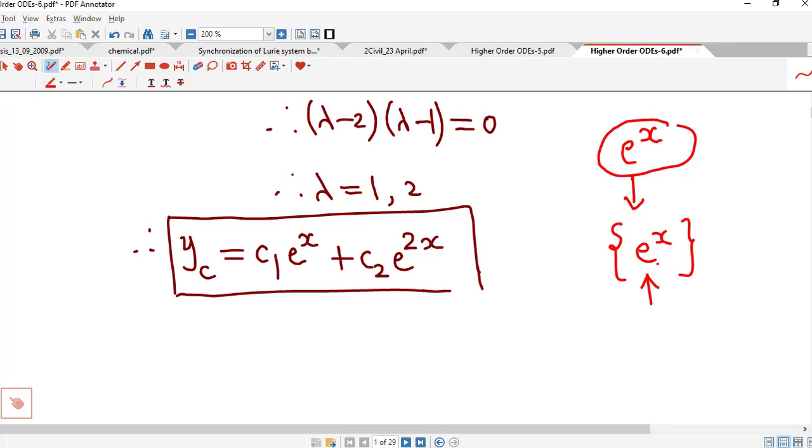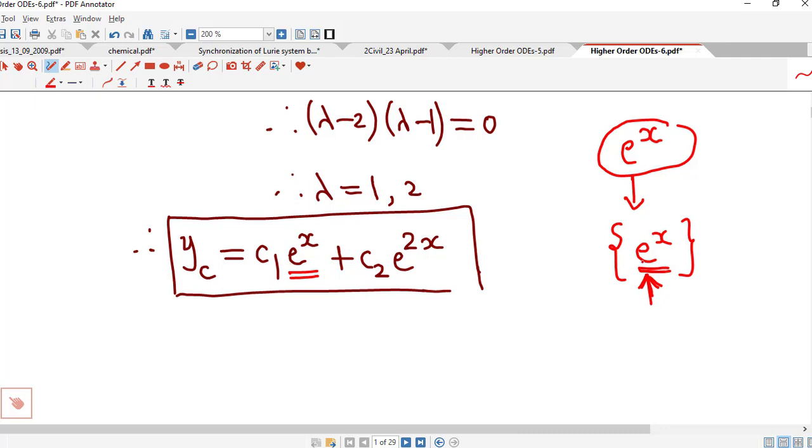So here we can see we have e raised to x, and e raised to x is present in the complementary function. The problems which we have discussed up to this lecture were problems in which no member of this family was present in the complementary function.